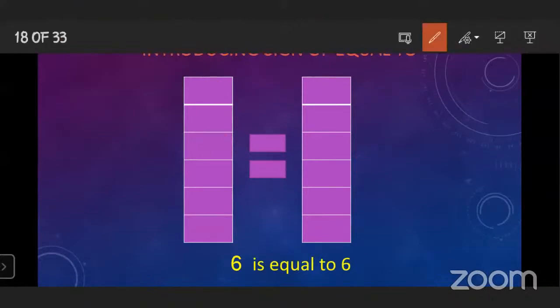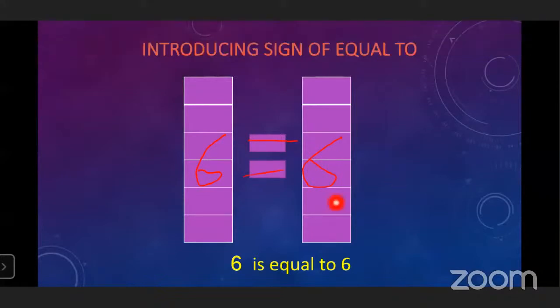On the left side there is 6 and on the right side there is also 6, so we use is equal to, and we read it like this: 6 is equal to 6.